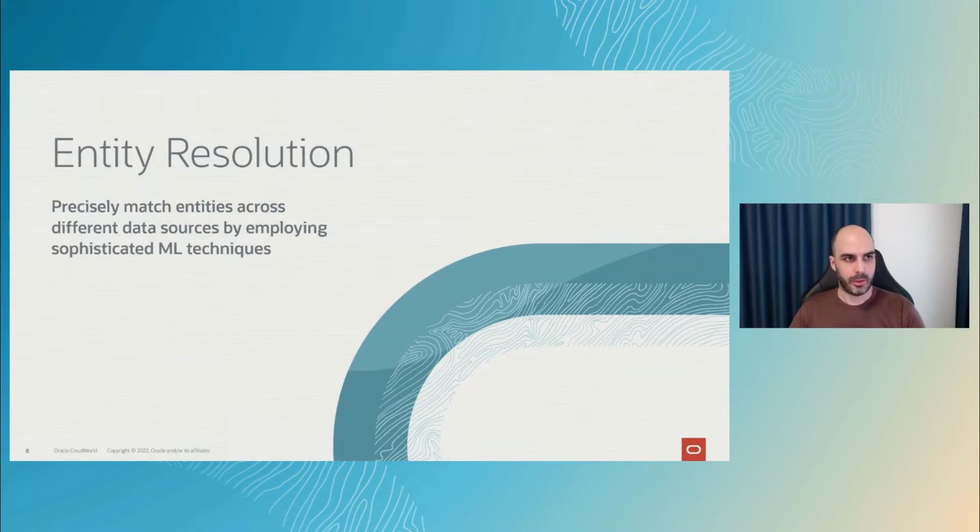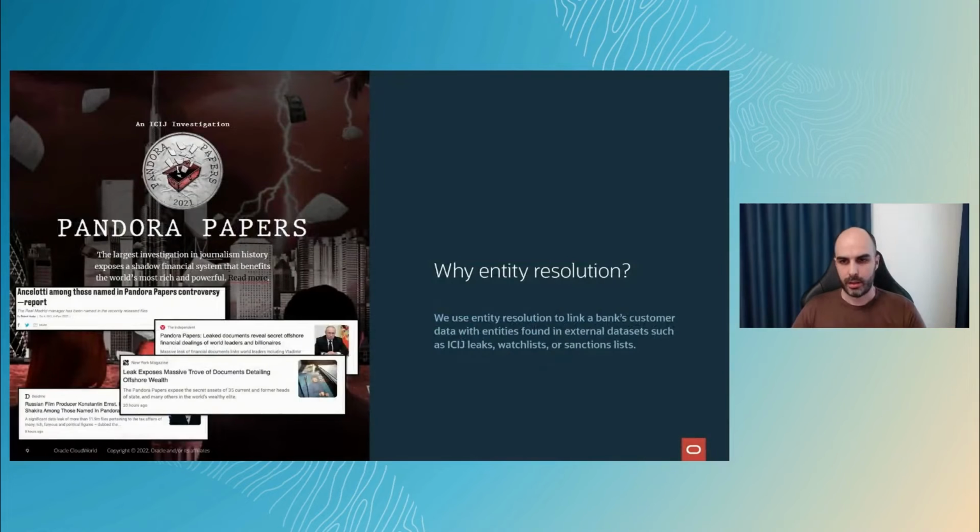So let's start with the first use case, which is entity resolution. Let's try to understand what entity resolution means and why we need it. You might be familiar with the ICIJ leaks, the offshore leaks, such as the Pandora Papers or Panama Papers, which are leaks exposing secret offshore accounts of world leaders, celebrities, business leaders, billionaires and so on.